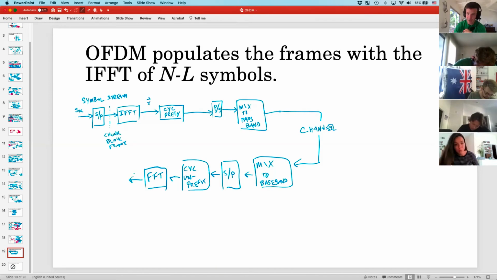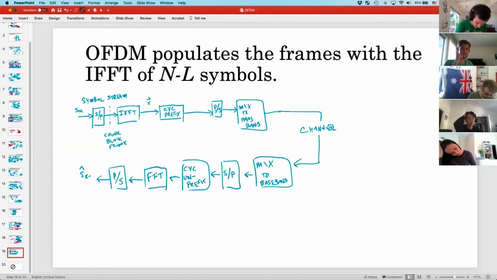Everything on the receive side should be the opposite of what you were doing on the transmit side. Then you've got a parallel vector, so we'll need to serialize that again, and we're left with S_k hats, so things that should be close to our old symbols. If you like, you can introduce a delay in there, so this might be S_k delayed by U.